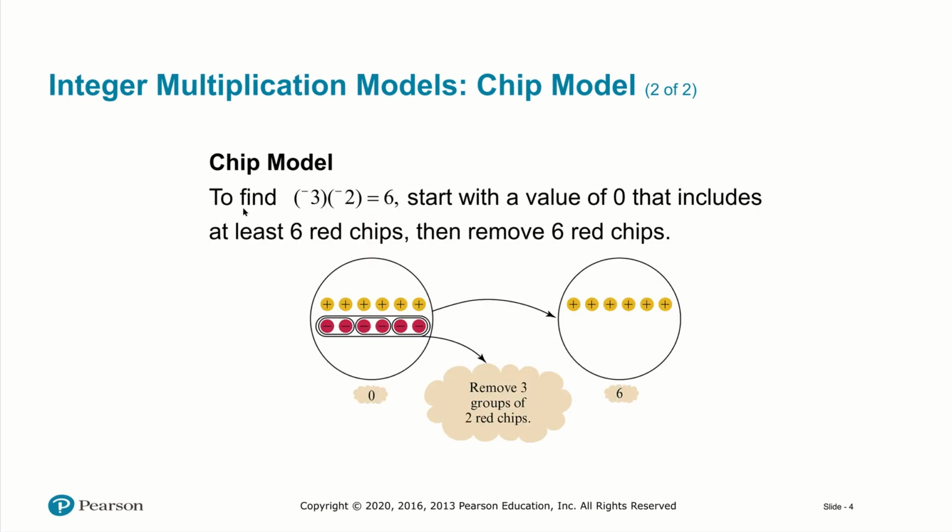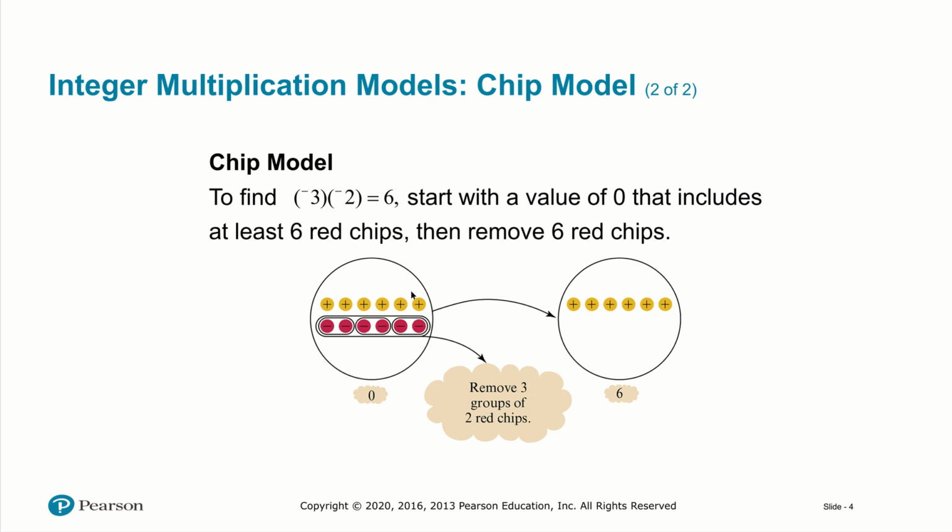What if we wanted to do a product of two negative numbers like this, -3 times -2? The way we do that is we start with a value of 0, which includes at least 6 red chips, okay? Because we know that 3 times 2 is going to give us 6, and because of the negatives, we want to make sure we include at least 6 negative red chips.